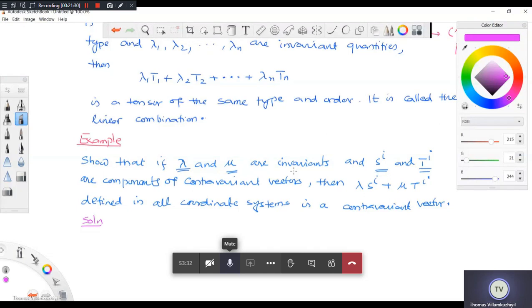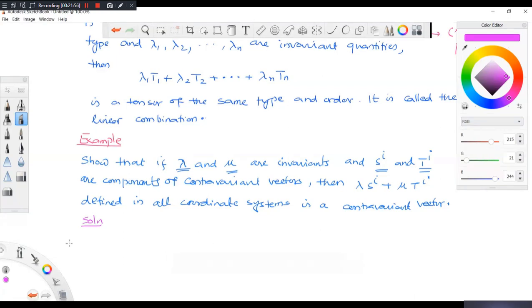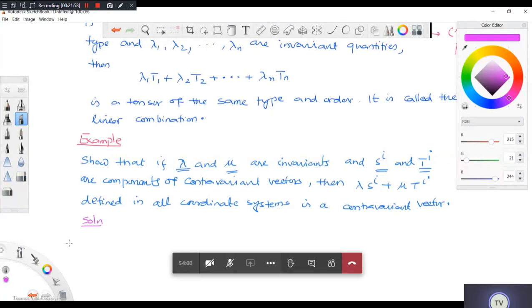They are scalar quantities. In any coordinate system, its value is the same. That's the meaning. The components of a tensor will change when the coordinate system changes. A scalar is a tensor of rank 0, so that's the difference.